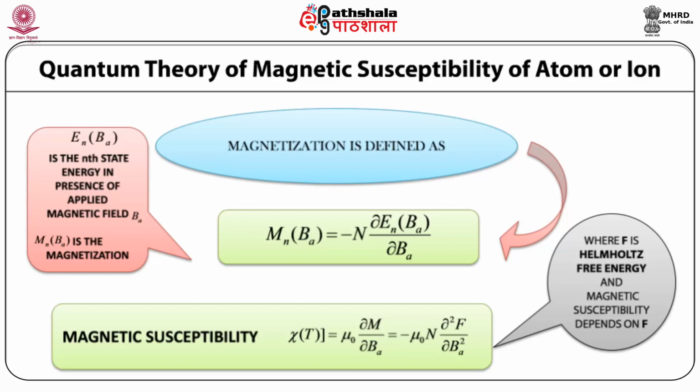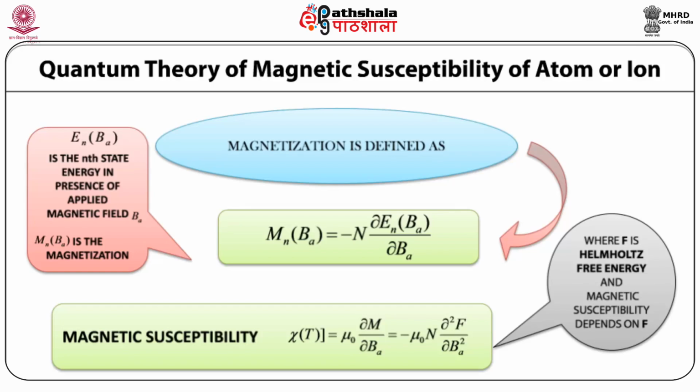The corresponding magnetic susceptibility for the finite temperature T is given by this expression: chi is equal to mu naught times the partial derivative of M with respect to Ba, which can further be rewritten in terms of F, the Helmholtz free energy.